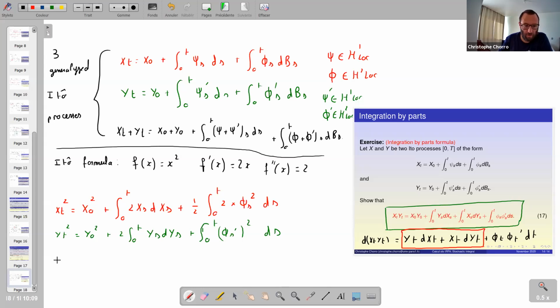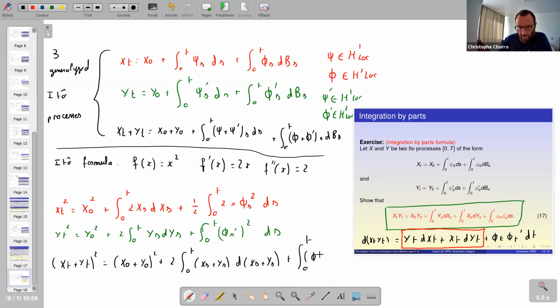And if I do the job for the sum, I obtain (x_0 plus y_0) square plus 2 times the integral between 0 and t of (x_s plus y_s) d(x_s plus y_s) plus the integral between 0 and t of (phi plus phi prime) of s square ds.